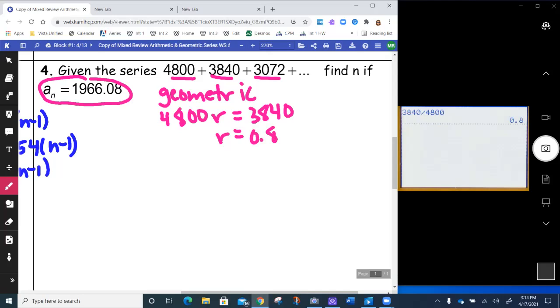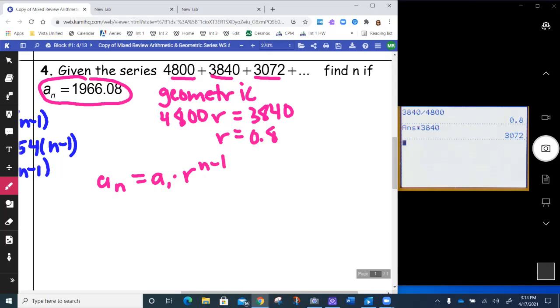And let me just make sure that works. So I'm going to times that with 3840. And it works. Okay, I'm getting the right numbers there. Okay, so for a geometric one, if I'm trying to find a particular term or which term is a certain number, a sub n is equal to a1 for geometric times r to the n minus 1.